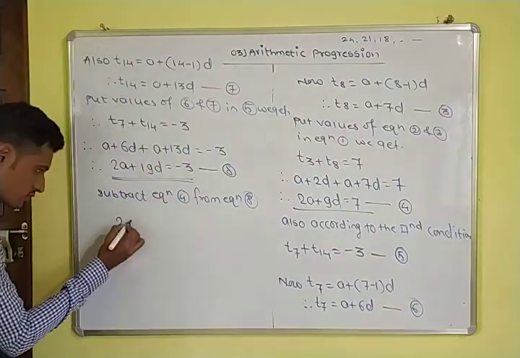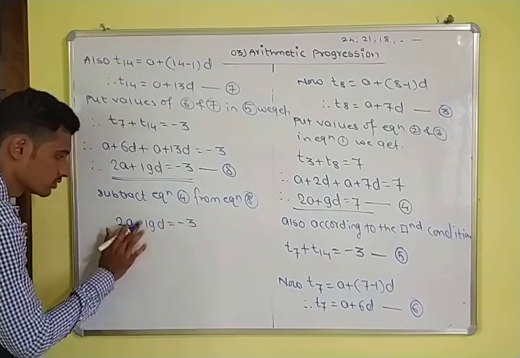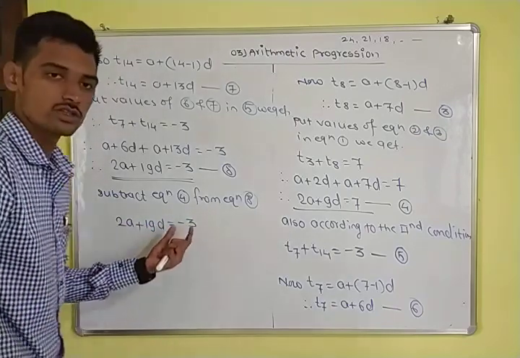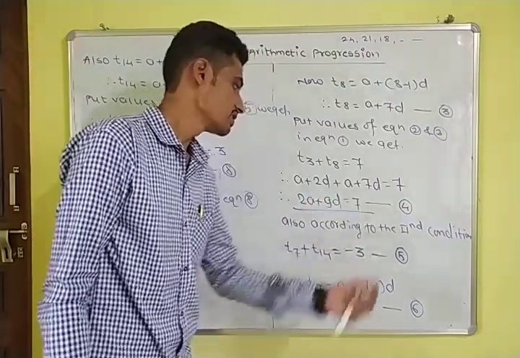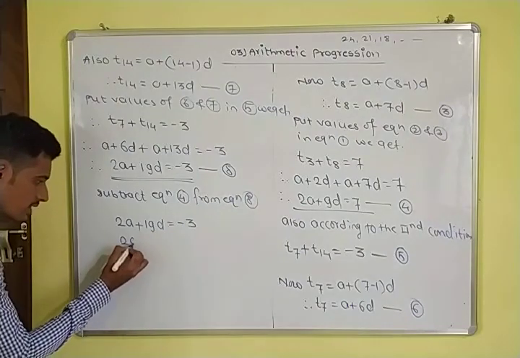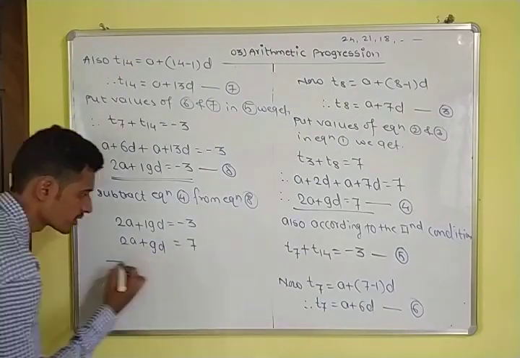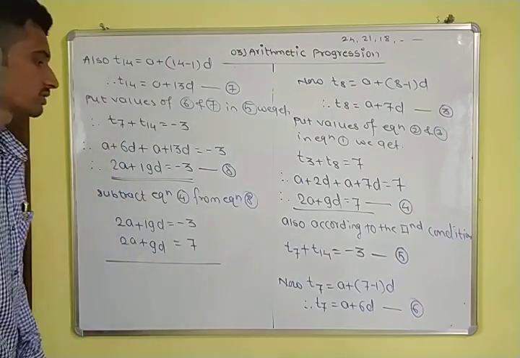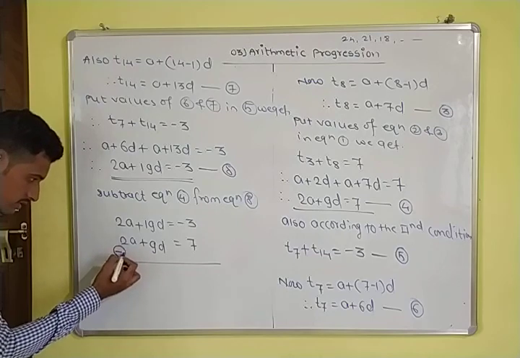The equation 8 is 2a plus 19d is equal to minus 3, and the equation number 4 is 2a plus 9d is equal to 7. We have to subtract the equations, so the signs change: plus becomes minus.